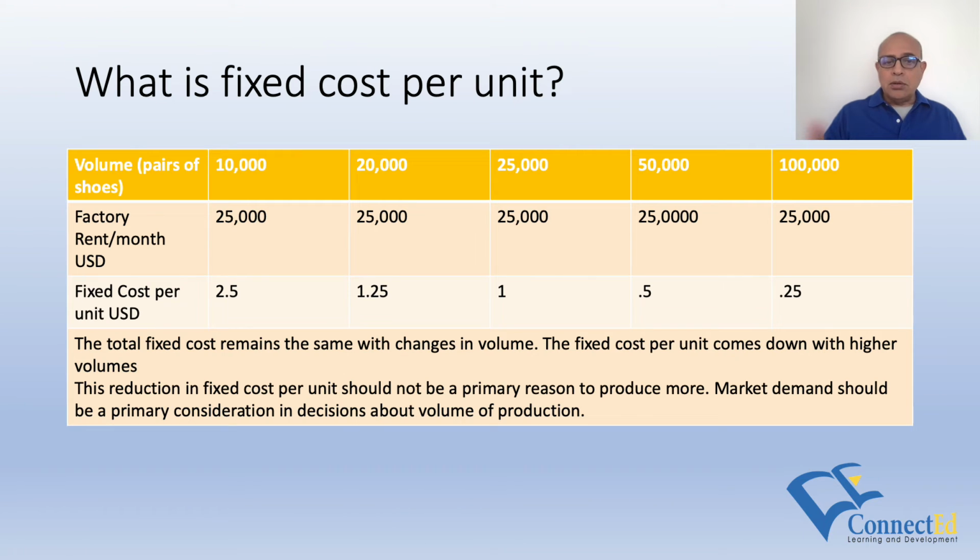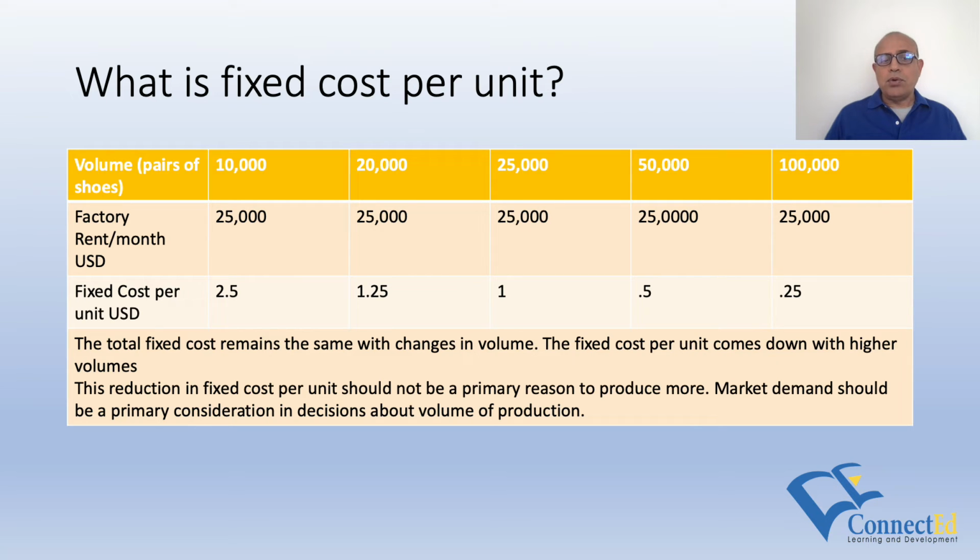So a related idea is this fixed cost per unit, and you have to be very careful how you use this number. And we will, of course, learn more about this through further discussions and case studies and so on. But basically, if your fixed cost, example, factory rent is $25,000 a month, and the volume of output is 10,000 units, then the fixed cost per unit becomes 2.5.